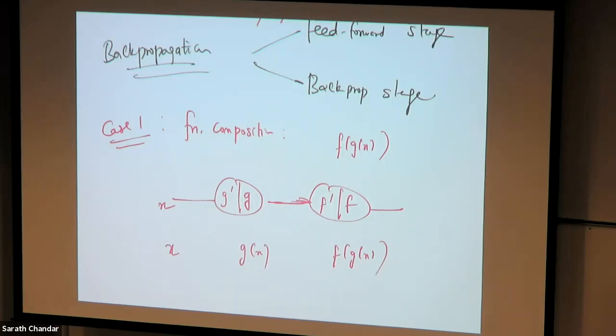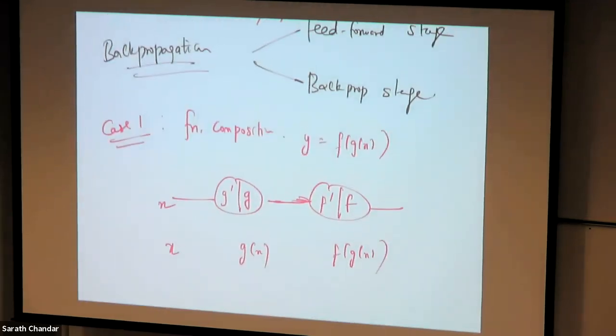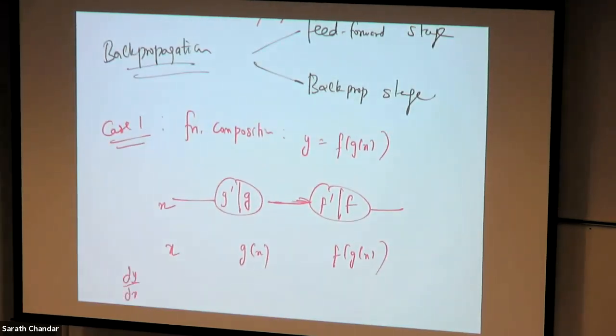Now, here is a neat way to compute the gradient with respect to x. Let's say this is y. I'm interested in computing dou y by dou x. Can somebody tell me what dou y by dou x is by the chain rule?